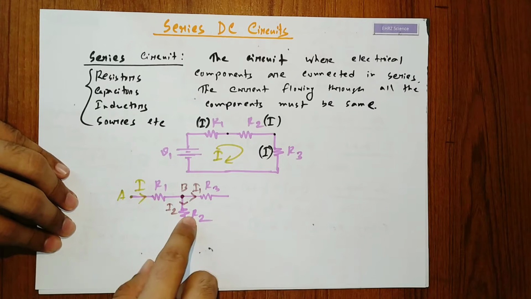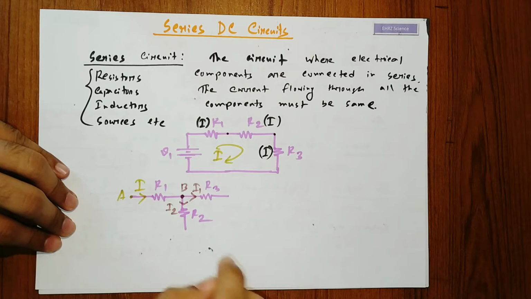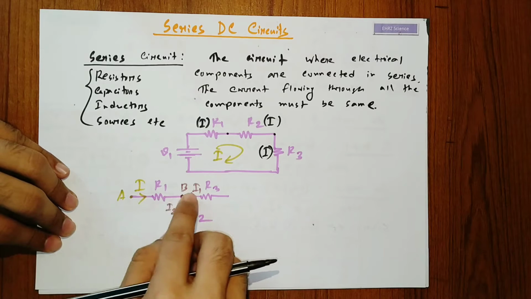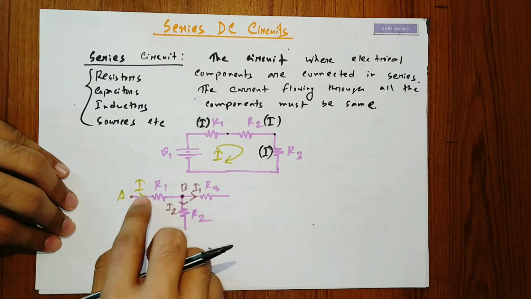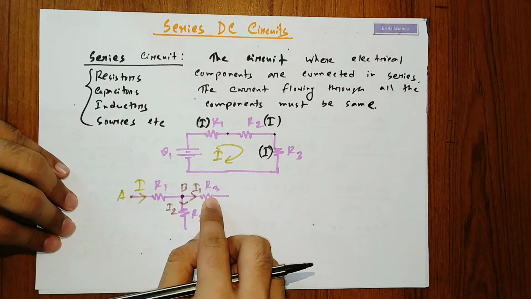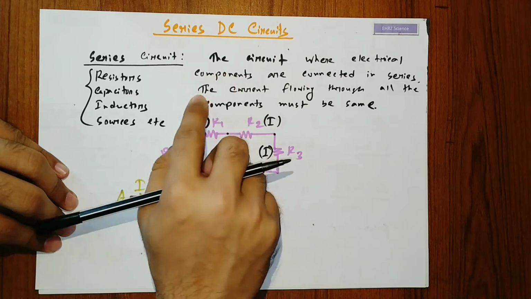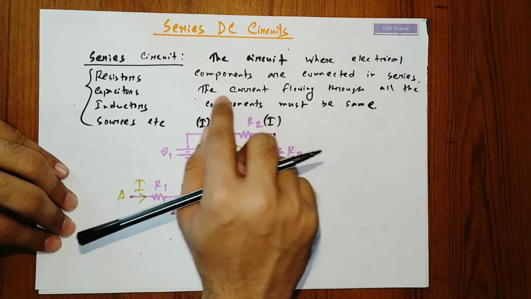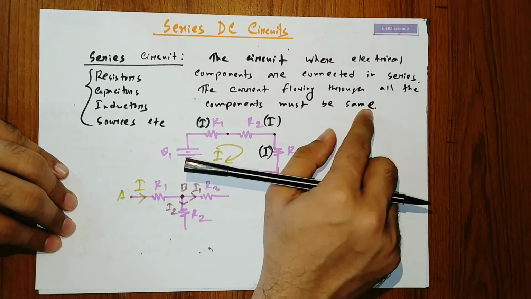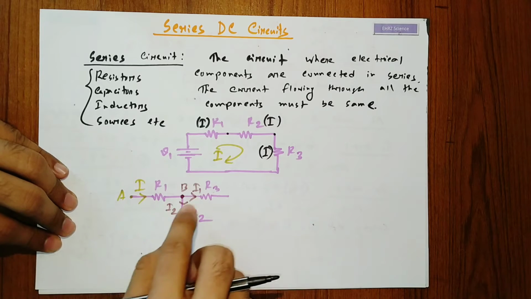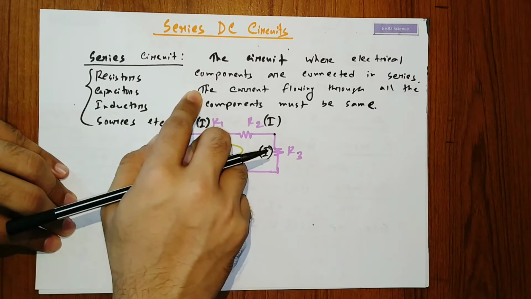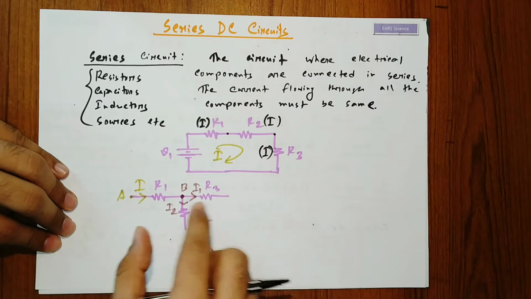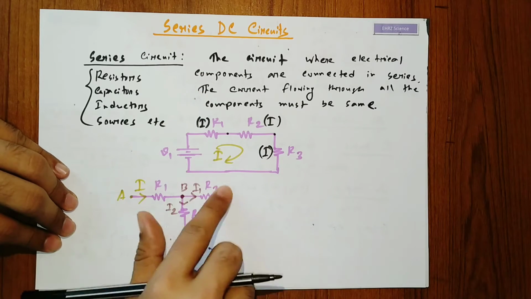So R1 and R2 are in a series path. Same thing goes for R1 and R3. See, R1 and R3 is also in a series path, but the second condition is that the current flowing through all the components must be the same. See here, the current flowing through all the resistors is not the same. So from the second condition, we can say that this combination is not a series combination.